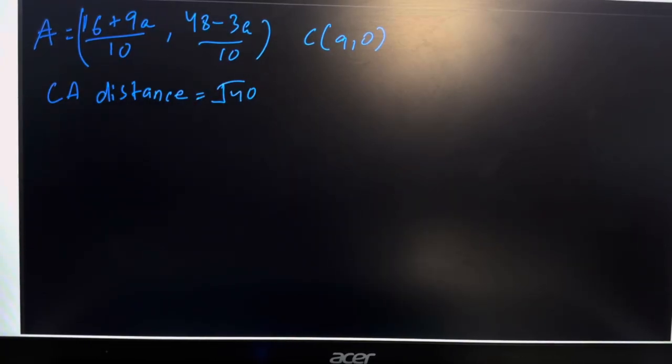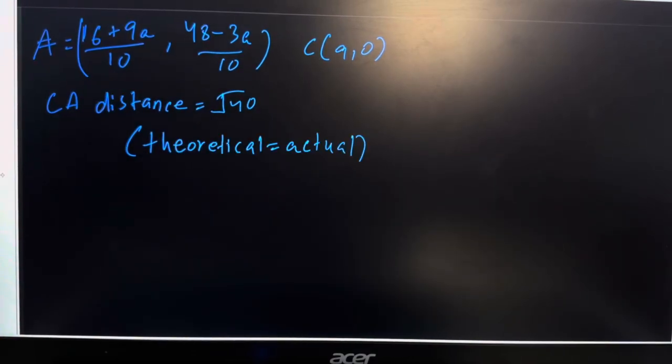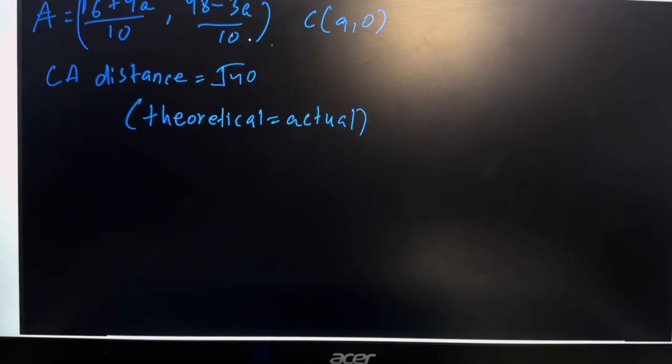This is, I think, learned in coordinate geometry, that theoretical is equal to actual, so we can find the theoretical by using the distance formula. So distance of CA is what?